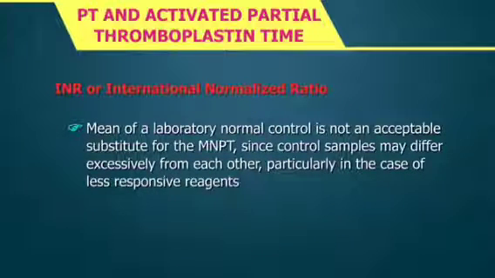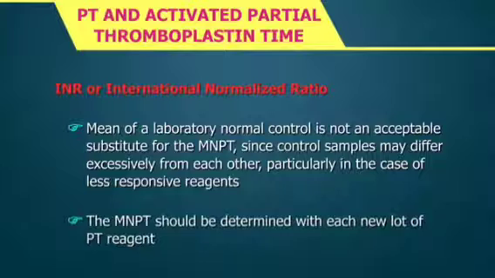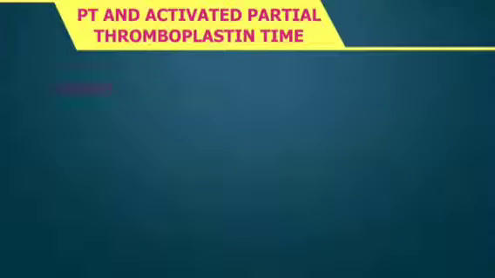The mean of a laboratory normal control is not an acceptable substitute for the MNPT since control samples may differ excessively from each other, particularly in the case of less responsive reagents. The MNPT should be determined with each new lot of PT reagents.